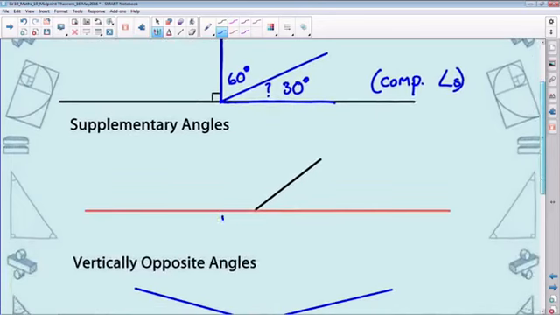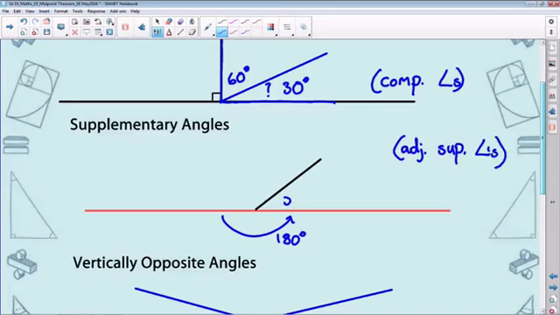Now, supplementary angles are angles that add up to 180 degrees. They don't necessarily have to be on the same straight line, but we do see them a lot on the straight line. So we refer to that as adjacent, meaning next to, and supplementary angles. Basically they're saying, whatever this is equals to, when we add it to this, we're going to get 180 degrees.